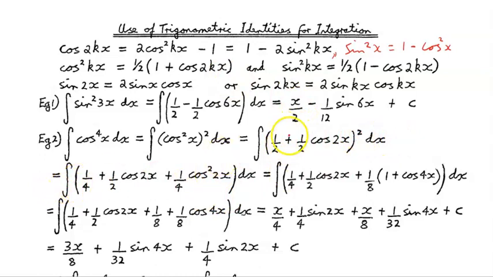Now what we can do is expand that out, so that gives us a half squared is a quarter, 2 times the half cos 2x will give us a half cos 2x, plus 1 quarter cos squared 2x.